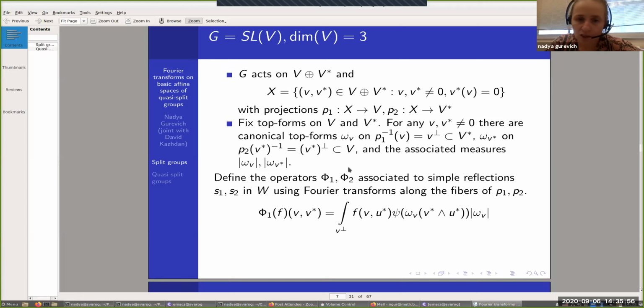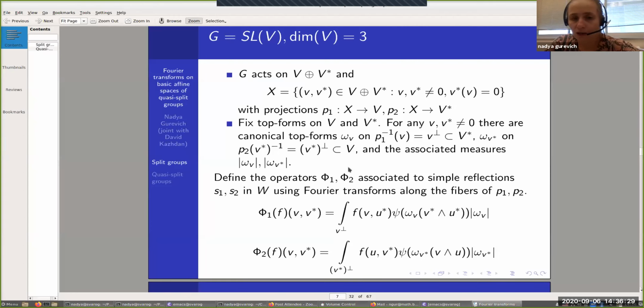So you can stare at this formula, you can see how symmetric it is, and just appreciate that, in fact, we are talking about the Fourier transform along the two-dimensional spaces. Okay, so it is quite easy to see that these operators are unitary and each of them is an involution.